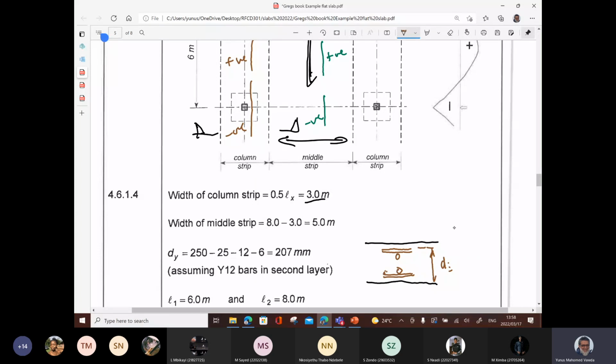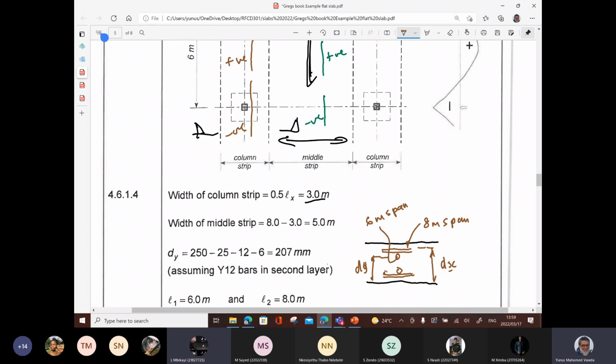So this D here is dx, and this one is dy. Those bars are in the 8 meter span. This one is in the 6 meter span. Does that help you?